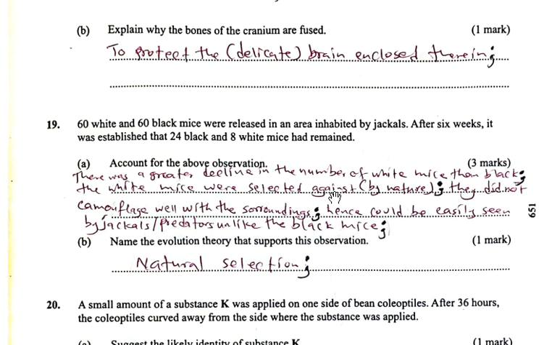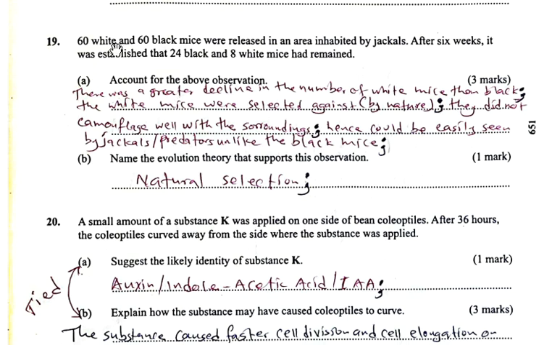Question 19. 60 white and 60 black mice were released in an area inhabited by jackals. After 6 weeks, it was established that 24 black and 8 white mice had remained. Account for the observation. And accounting for an observation, you must start by saying what you observed, then we explain why.